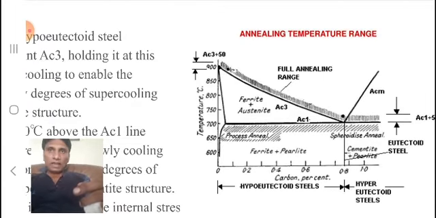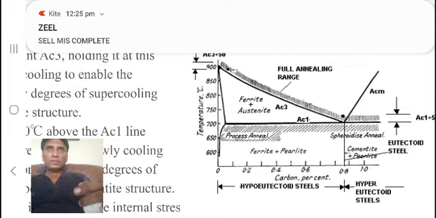That is, the hatched portion represents the heating and cooling range.